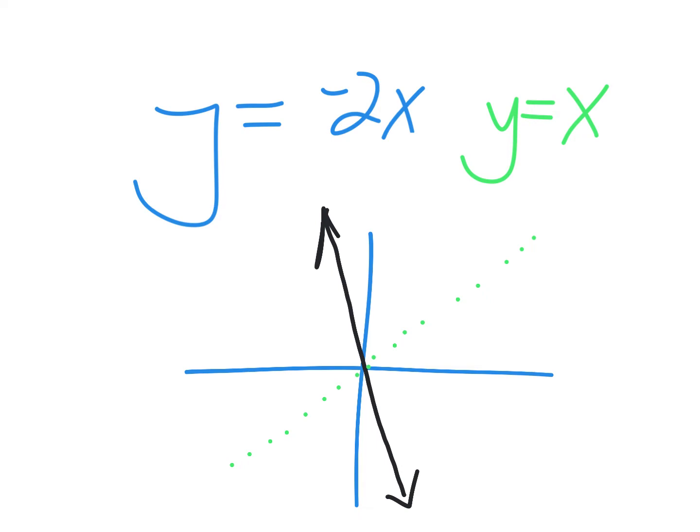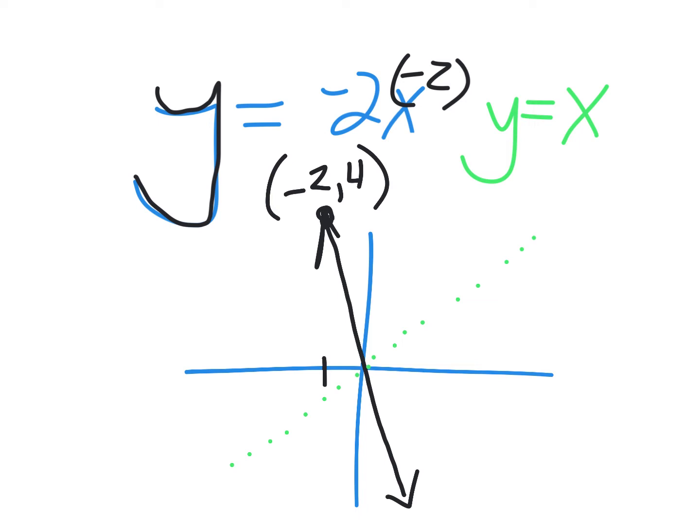All right, so let's say that we put in negative 2. If I put in negative 2 in the function, I get negative 2 times negative 2, y equals positive 4. So this spot right here must be negative 2 comma positive 4.